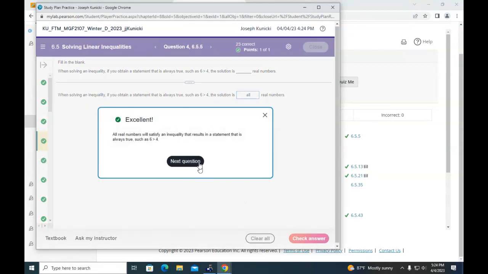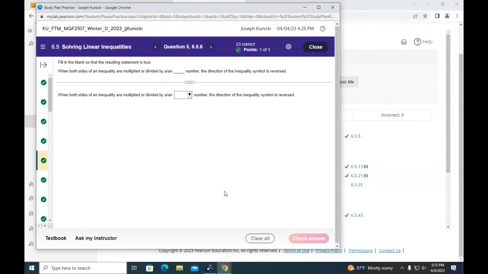Okay? So it's very similar. Now you notice the true statement we had with an equality was that 4 equals 4. A true statement on an inequality could be 6 greater than 4. It's still true. But 4 greater than 6 is false. So you just have to look at it as an inequality, not as an equation any longer.